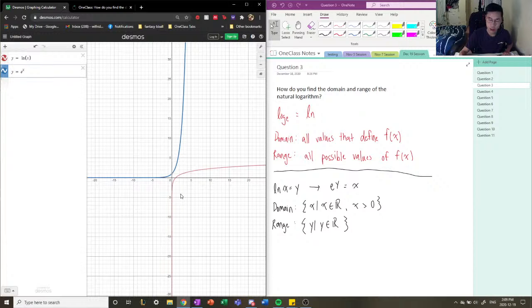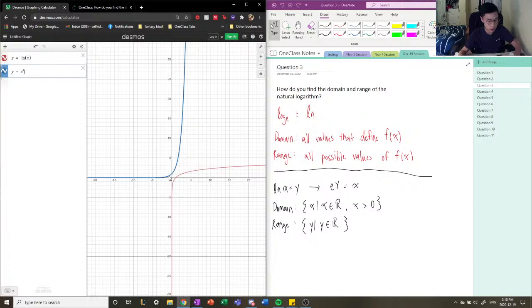As an example, if we're taking into account the range, the domain of our inverse function, which is our exponential function, is x such that x belongs to all real numbers, right?